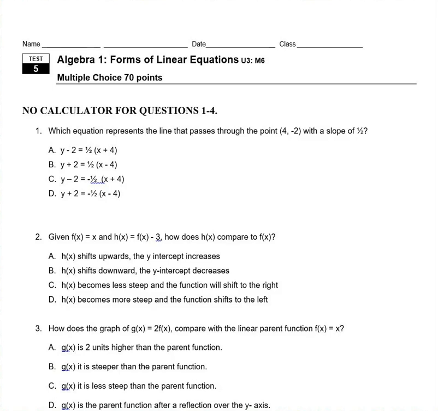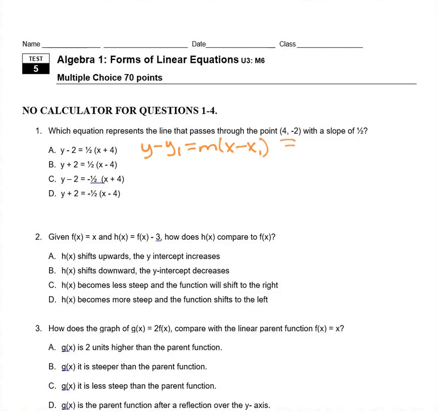The point slope form is y minus y1 equals m times x minus x1, where m is the slope of the line and x1 and y1 are a point that the line goes through.